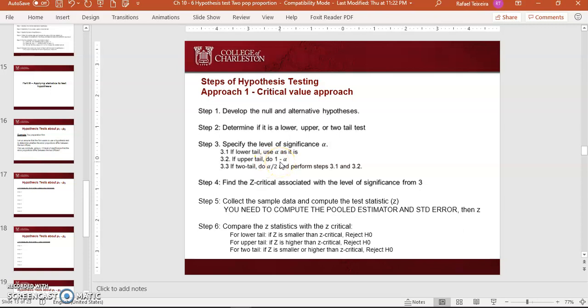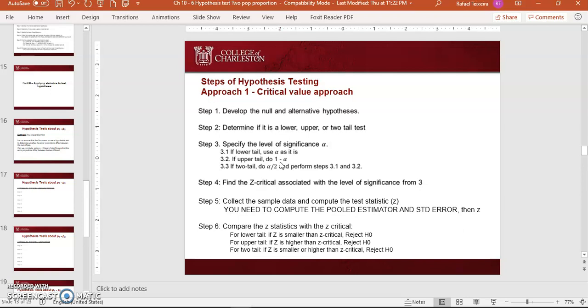So 1 minus 0.05 is equal to 0.95. Okay, so these are the numbers that I'm going to use to find the z critical in the two tails.